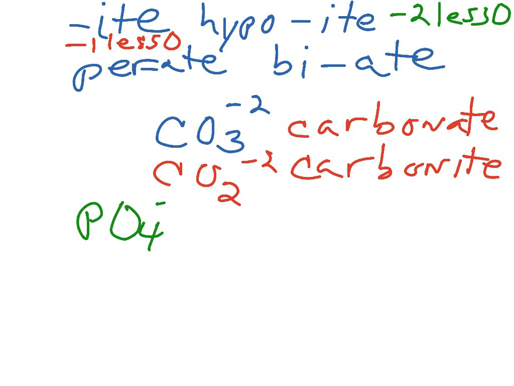That's phosphate. And so hypoite, or in this case hypophosphite, would be two less oxygens than the ate. So 2 less than 4 is going to obviously be PO2, same charge, and that will be hypophosphite.